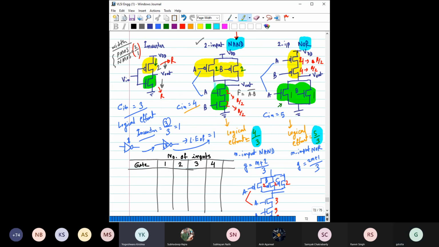So from this discussion itself, you can get at least some idea why we should prefer NAND implementation over NOR implementation.